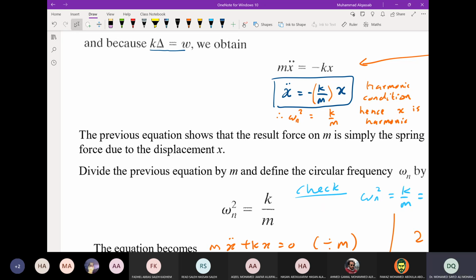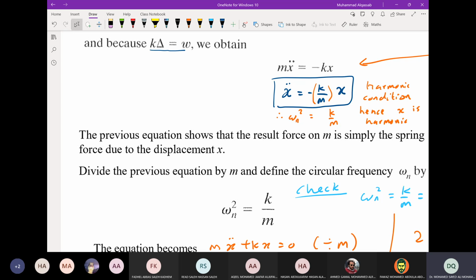So x double dot is equal to minus k over m x. K over m is omega squared, but here we call it omega n because this is the equation of motion of free vibration, and the frequency in this case is called the natural frequency.